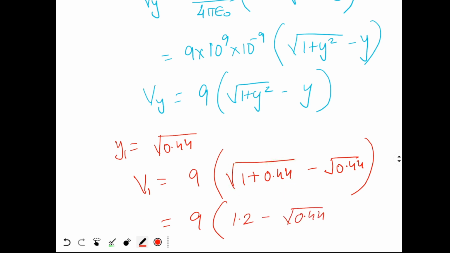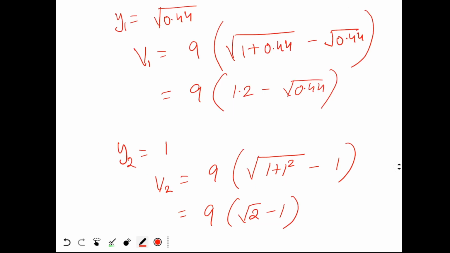Similarly for y2 equal to 1, V2 will be 9 times root of 1 plus 1 square minus 1. So this is equal to 9 times root 2 minus 1. So we found the values.